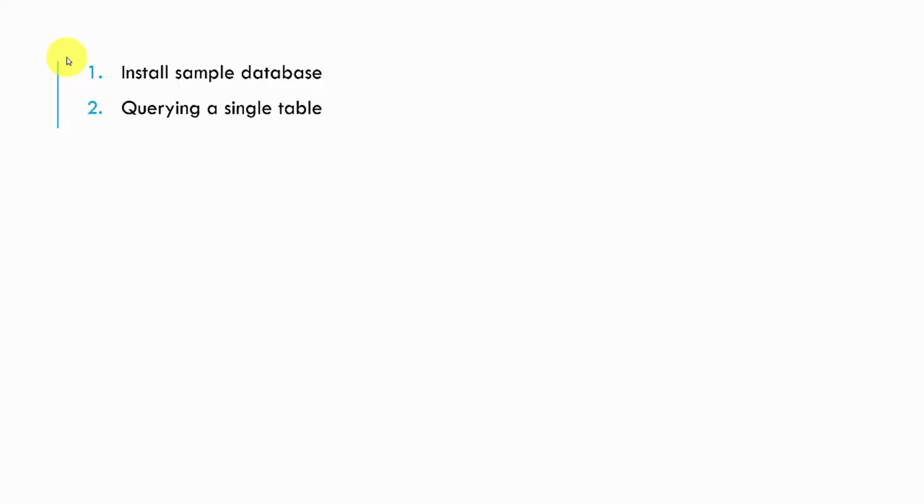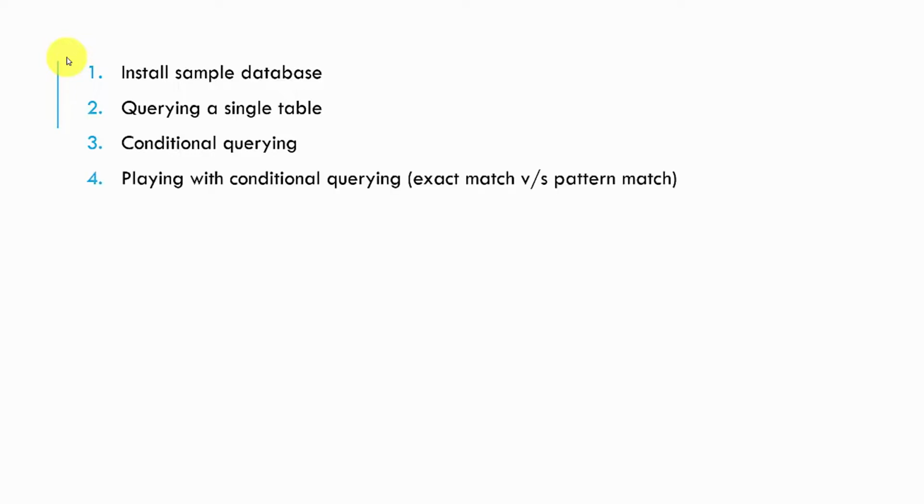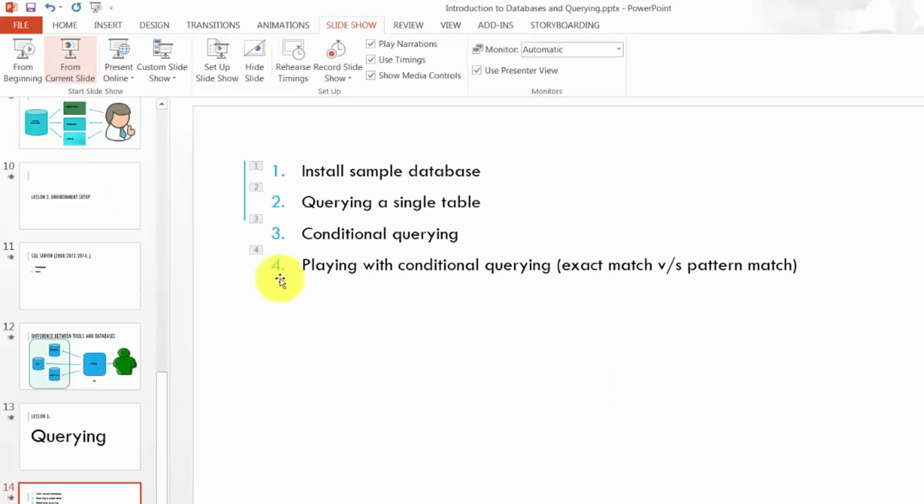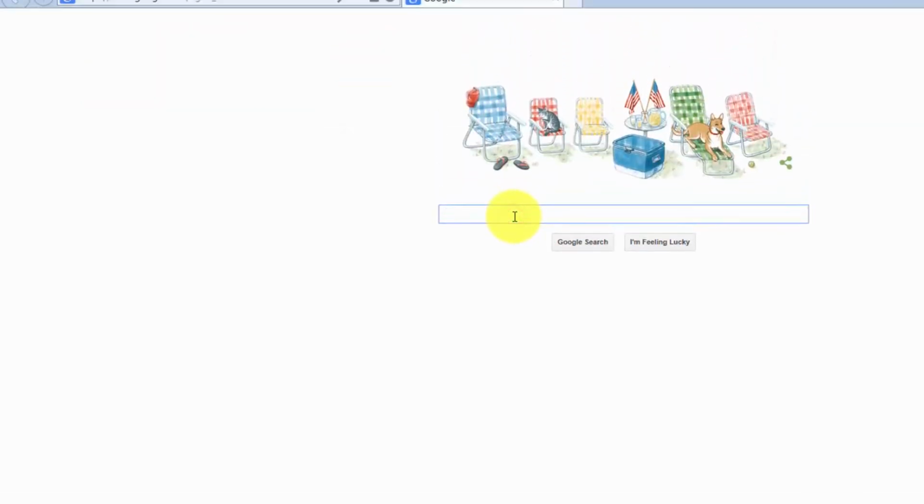And then we'll look at certain things like querying a single table, then we'll look at some conditional querying, and then we'll look at some where clauses, and so on and so forth. So let's go ahead. All right, so I'm going to just Google AdventureWorks, and let's see.